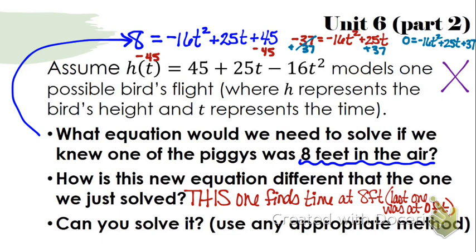Negative 592. What would go on the bottom? 25. So I need to find two numbers that when I multiply them give me negative 592, but when I add them, I get a positive 25.